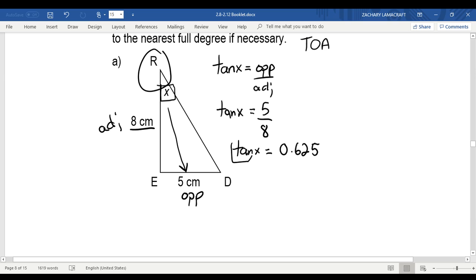Yeah, we're going to bring it over, and it becomes tan -1, or the inverse of tan, because we want X all by itself. So X would be equal to tan -1 of 0.625. If we plotted that into our calculators, we would get 32.005, but it asks us to round it to what? Yeah, our nearest degree. So at this point, it is 32 degrees.